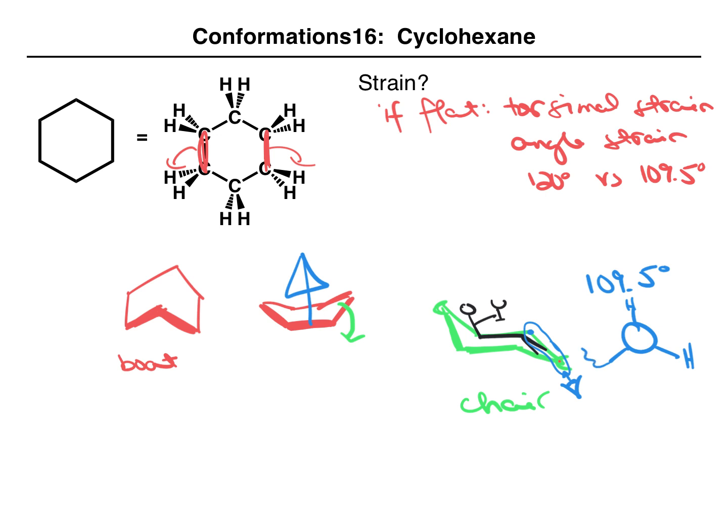And then if we think about our front carbon, so here is our front carbon, and we have a hydrogen straight down, a hydrogen up here, and then this is the carbon that's connected to the ring. So all of our bonds are staggered. And so a cyclohexane chair is the most stable conformation of cyclohexanes because there is no torsional strain and no angle strain. So we are going to spend a lot of time looking at chair conformations because of their importance.